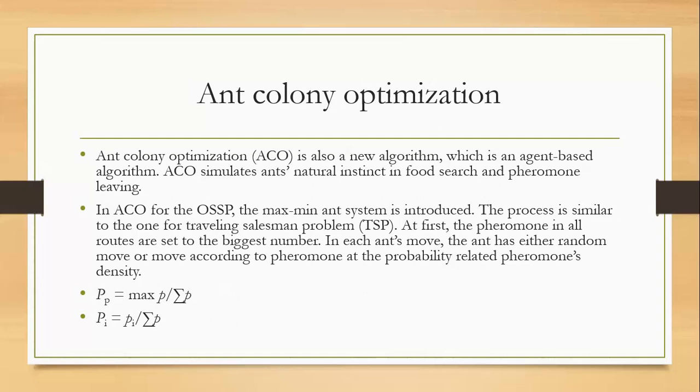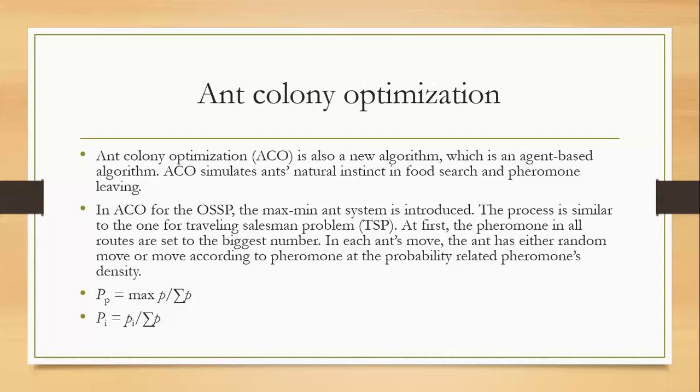If the ant moves randomly, it will move to a random number not being visited. If the ant moves according to pheromone, the probability of moving through each route is the pheromone on the route over the sum of all pheromones, which is Pi equals Pi divided by the sum of P. Besides, a taboo table is used to record the available routes in the ant's move.